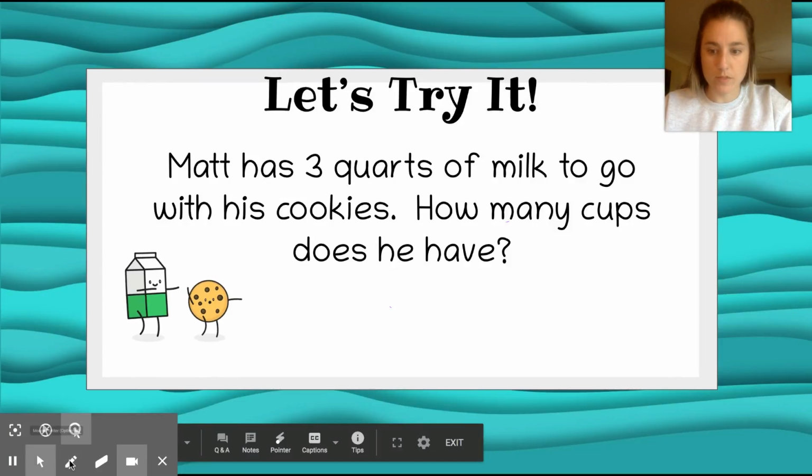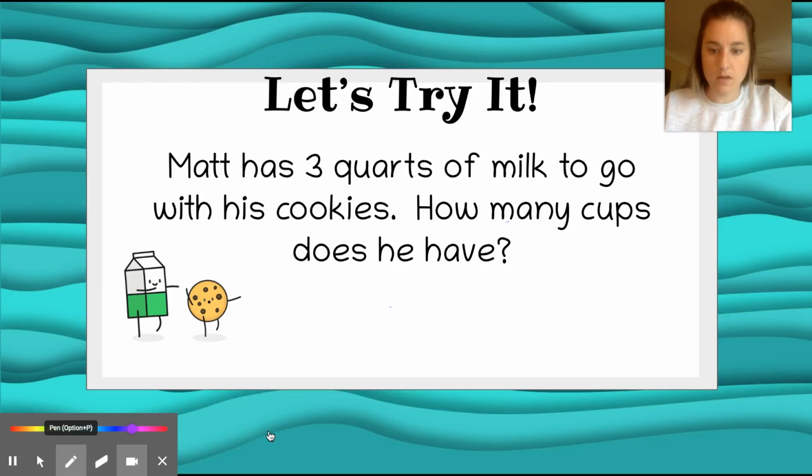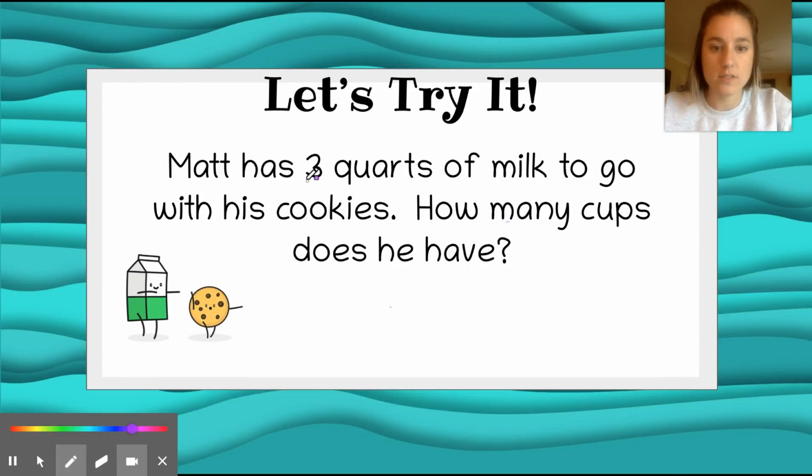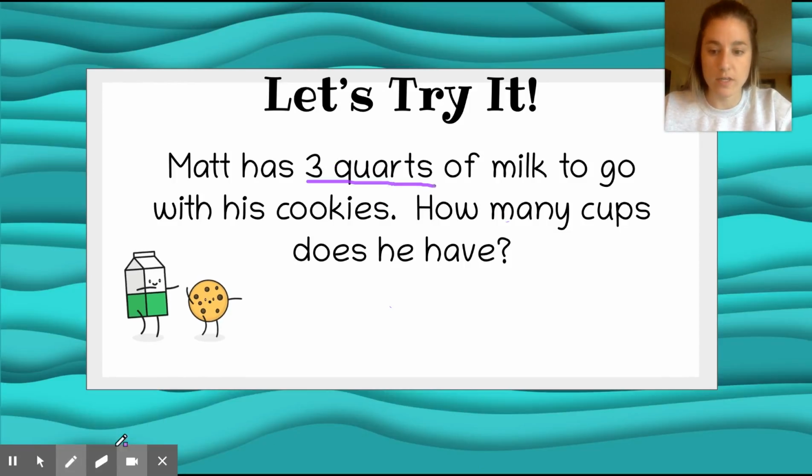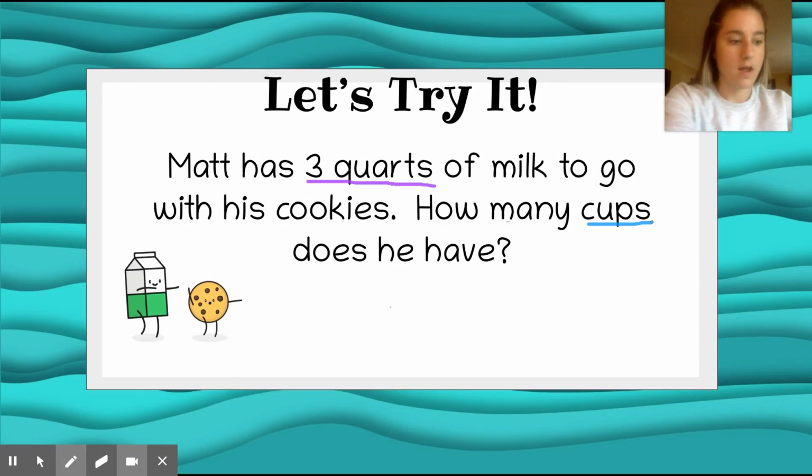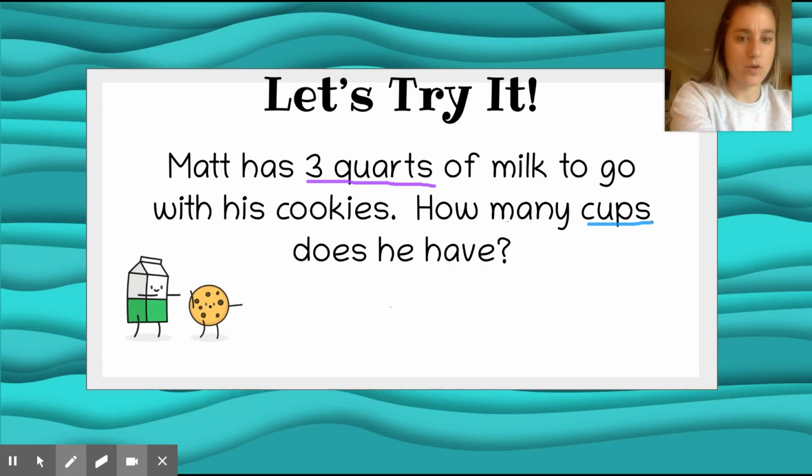Okay, I'm going to use this pen instead. Matt has 3 quarts of milk to go with his cookies. How many cups does he have? So how many cups are in 1 quart? How many cups are in 1 quart? What do you think?